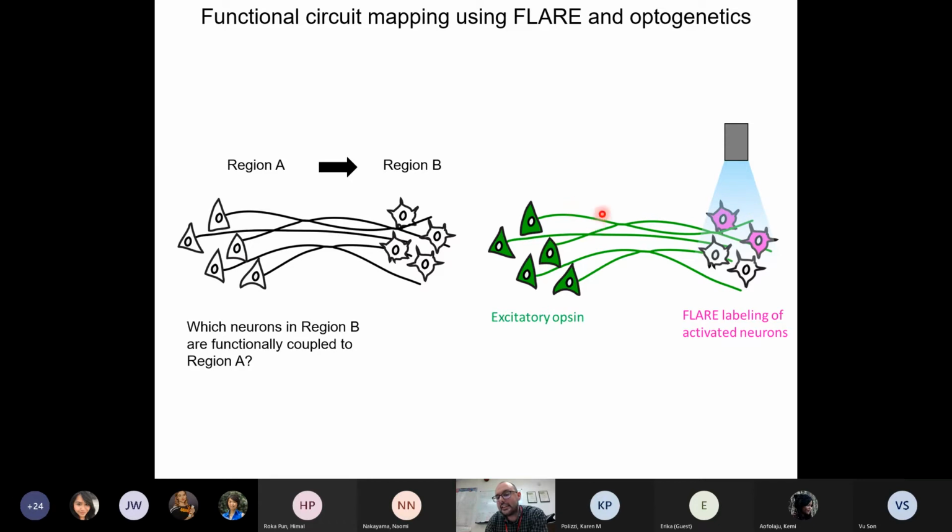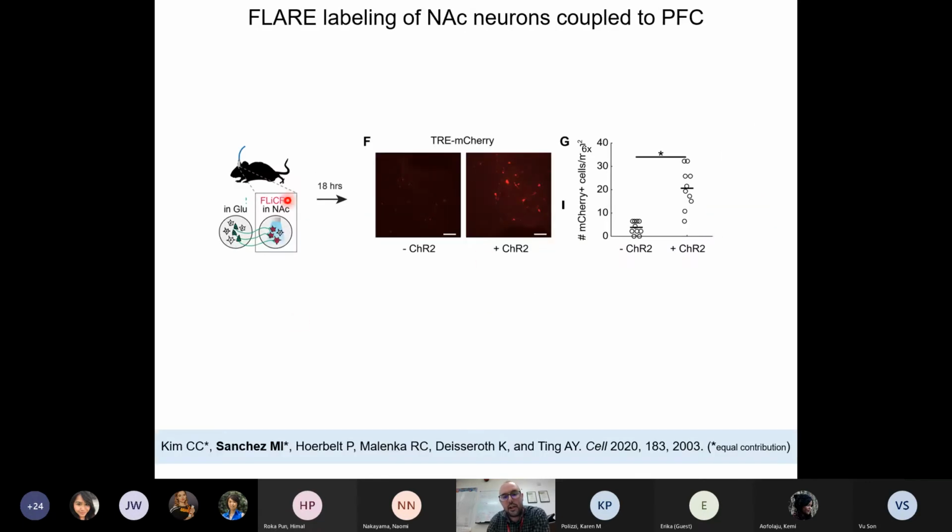So the neurons that are synaptically connected are going to excite these neurons, and they are going to elicit an increase in calcium concentration. So here we have transgenic mice that express channelrhodopsin in the prefrontal cortex, and now we inject the viruses, and here you can see that there is an effective communication between the prefrontal cortex and the nucleus accumbens, because we only were able to see expression of den-cherry in the animals that have this channelrhodopsin.